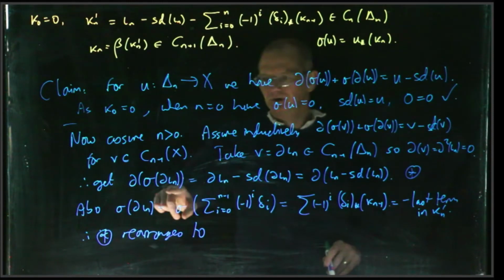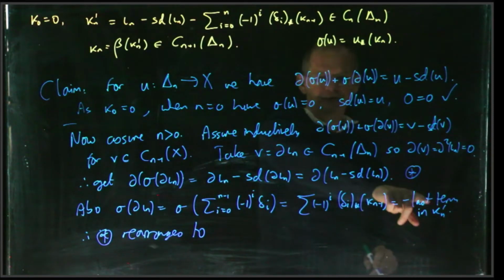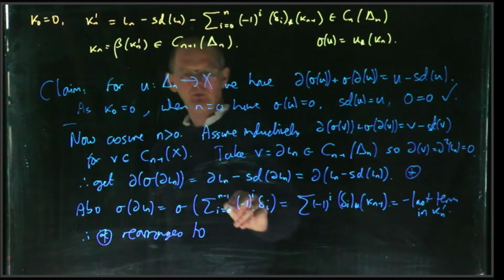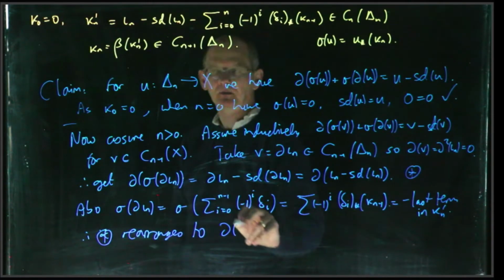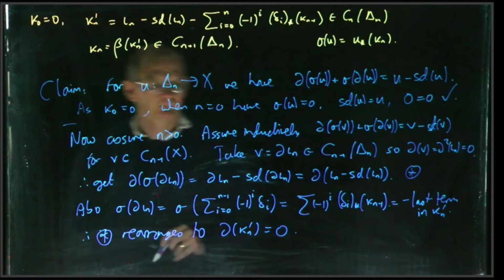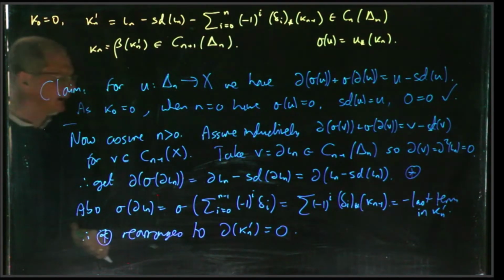You've got the boundary of σ δ ι_n, which is this last term here, and then you've got ι_n minus sub. So we put all this together. What this is telling us is that the boundary of κ_n prime is 0.